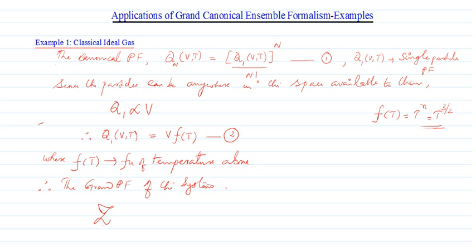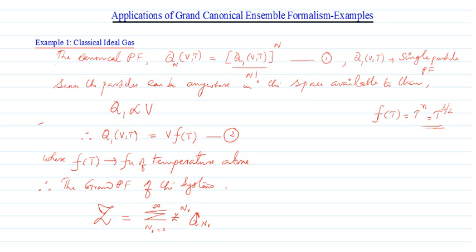So script Z is equal to the sum over N_r equal to 0 to infinity. Hope you remember this expression from our earlier discussions. z raised to N_r, which z? The fugacity, small z, raised to N_r times Q_{N_r} of V, T, of course, where Q_{N_r} is the canonical partition function that is given by equation number 1. In place of N, we have written N_r, that's all.